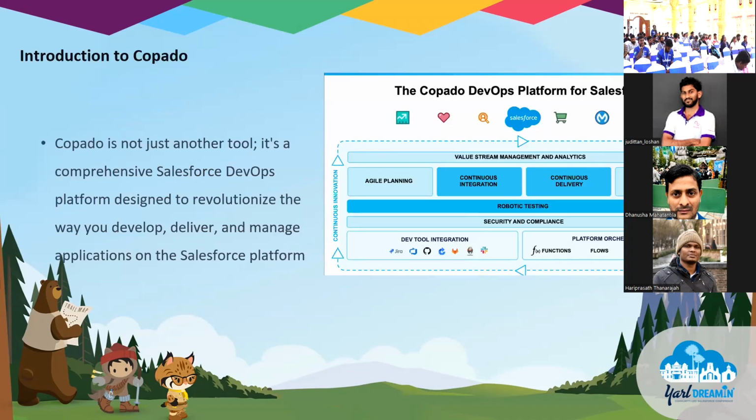Copado is a full Salesforce DevOps platform designed to plan, develop, and deploy changes. And also there are inbuilt tools like robotic testing and advanced data deployment. And also you can integrate Copado with different tools like Jira, GitHub, and any other tools.